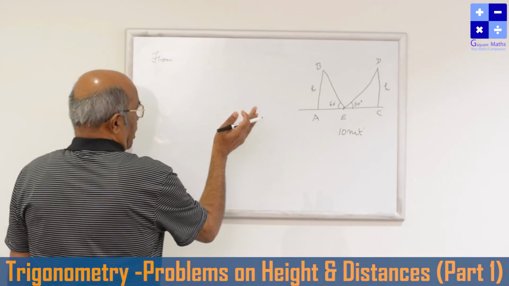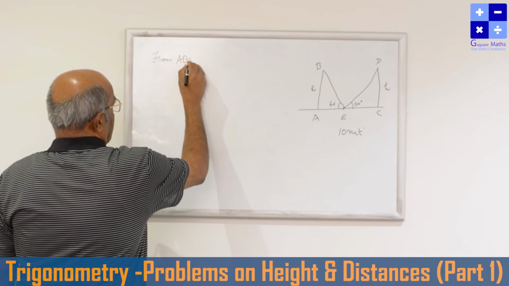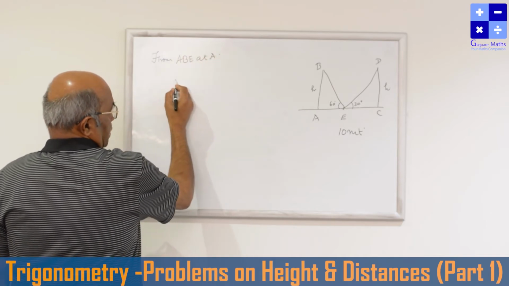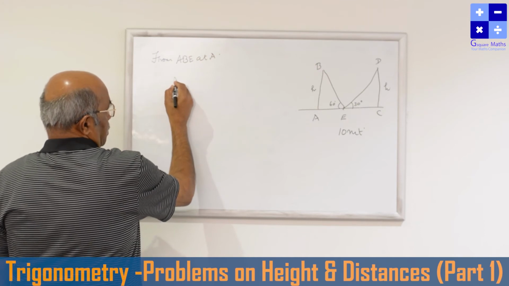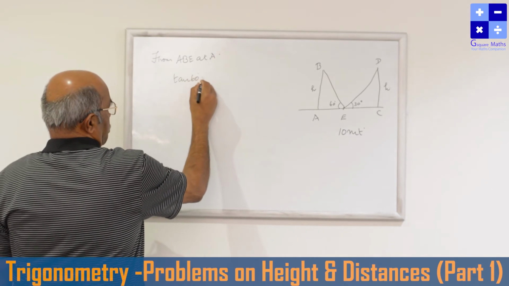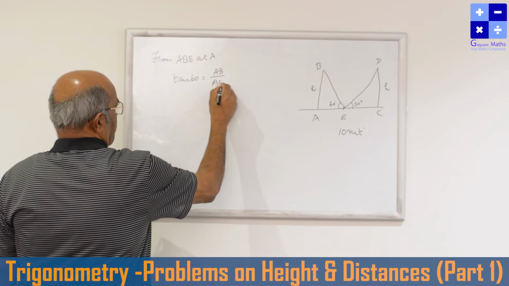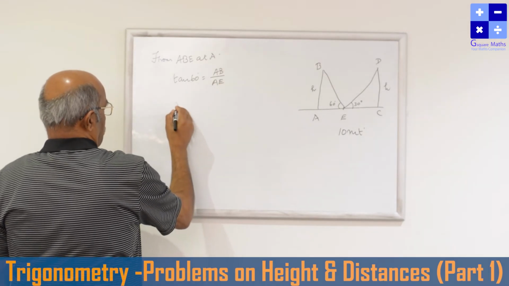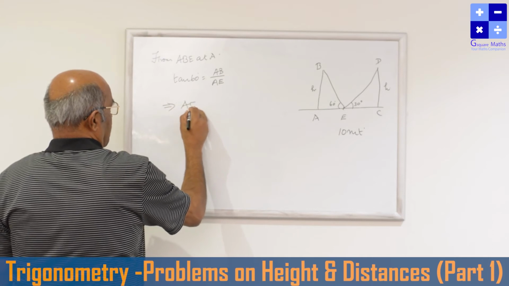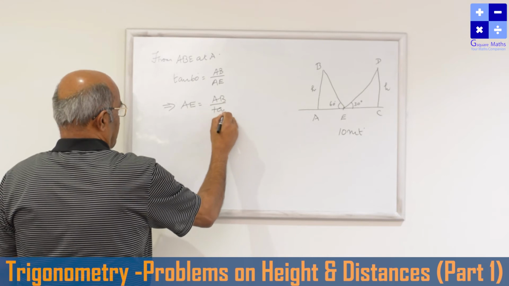So let us take two right angle triangles. In triangle ABE, right angled at B, tan 60 is equal to AB by BE. So BE is equal to AB by tan 60.